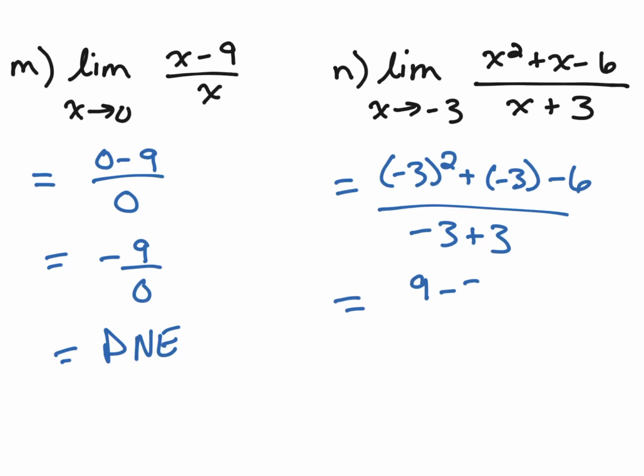So this is 9 minus 3 minus 6 over 0. 0 over 0. Not necessarily. Okay.